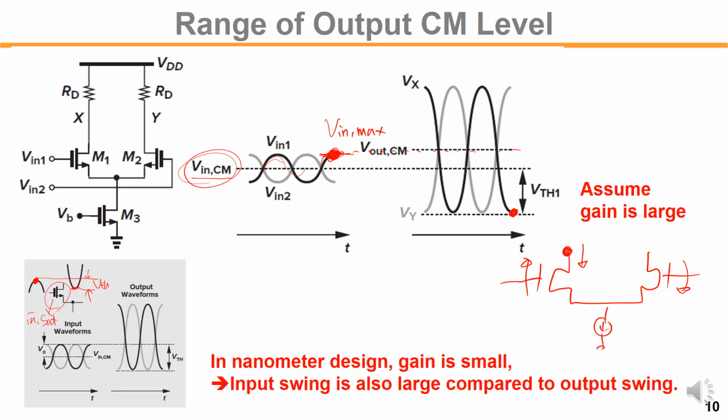So in nanometer design, gain is small, so the output peak swing can be reduced, somehow not larger than before, right? So there is some limited range of the output waveform that is supported in nanometer design. Okay.